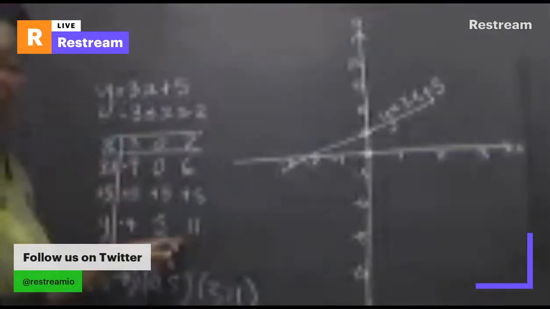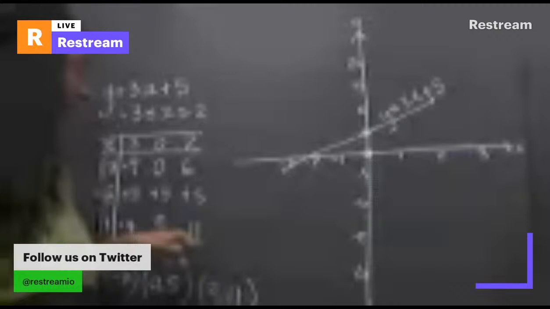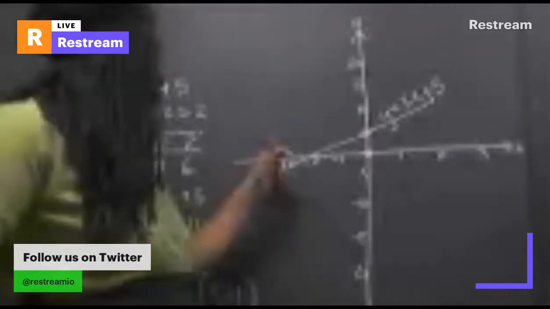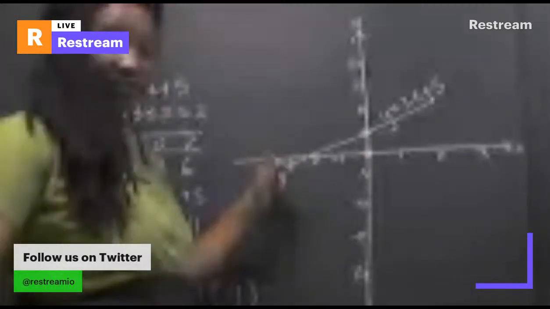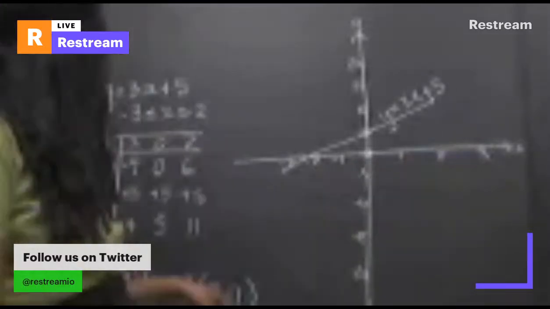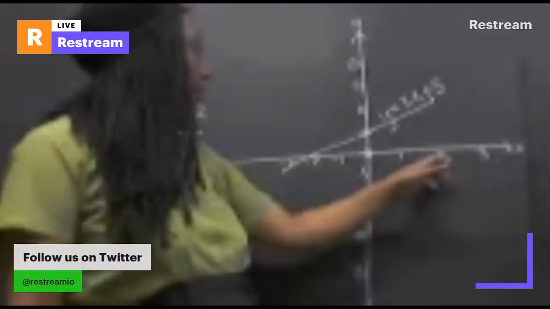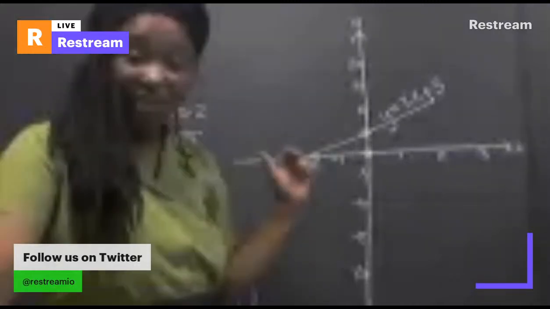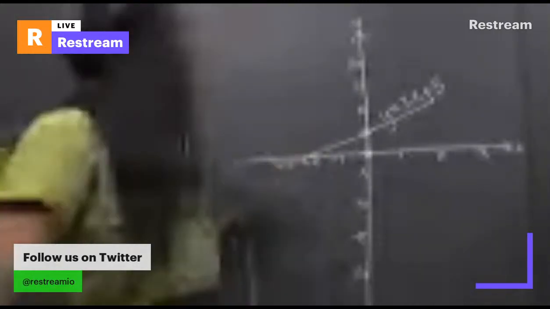So -3 on the x, down to -4 on the y, 0 on the x, up to 5 on the y, and 2 on the x, up to 11. Then we used our imaginary ruler to connect the 3 points, and we got our imaginary straight line, and then we wrote the equation along the line.